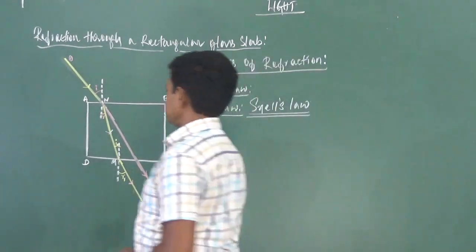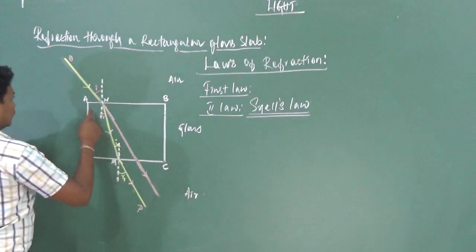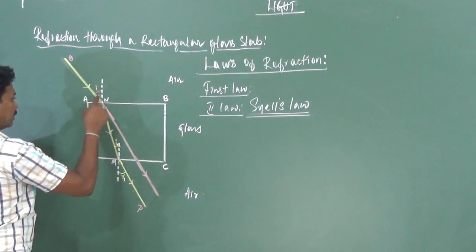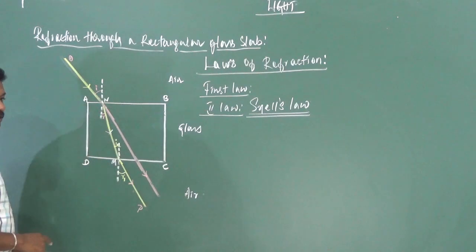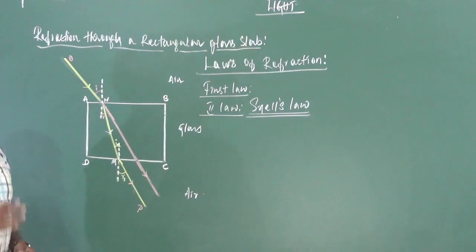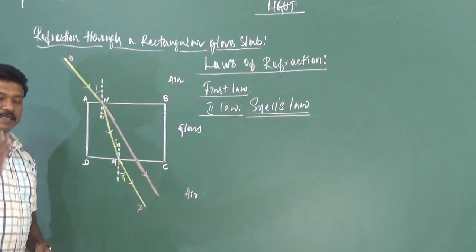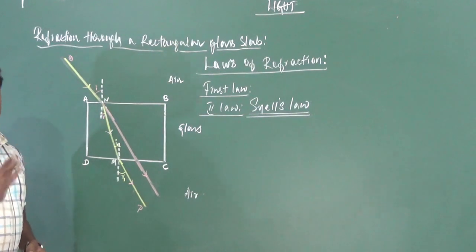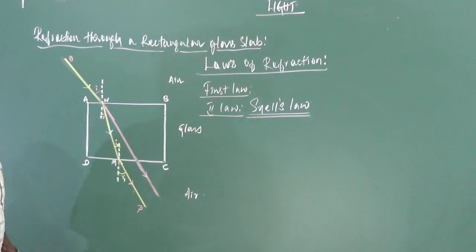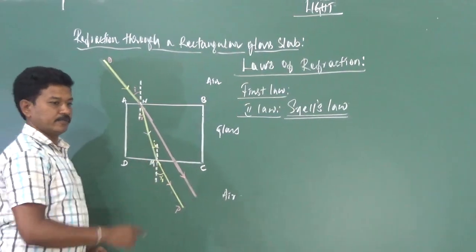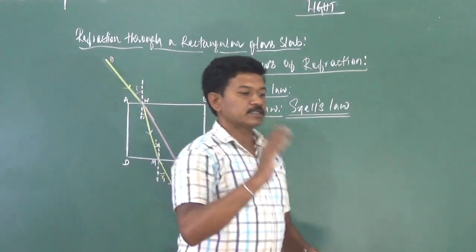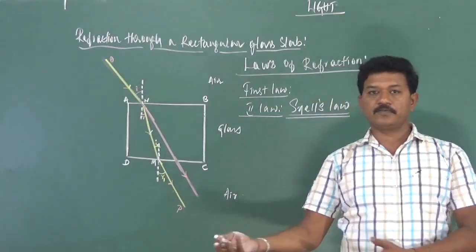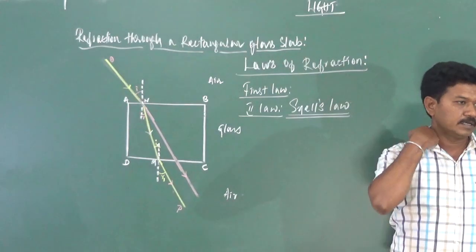Now, here, the ratio between the sine of angle of incidence to the sine of angle of refraction is always a constant for a given color of light and for the given two media. So that is what we call the second law of refraction, that is called Snell's law.